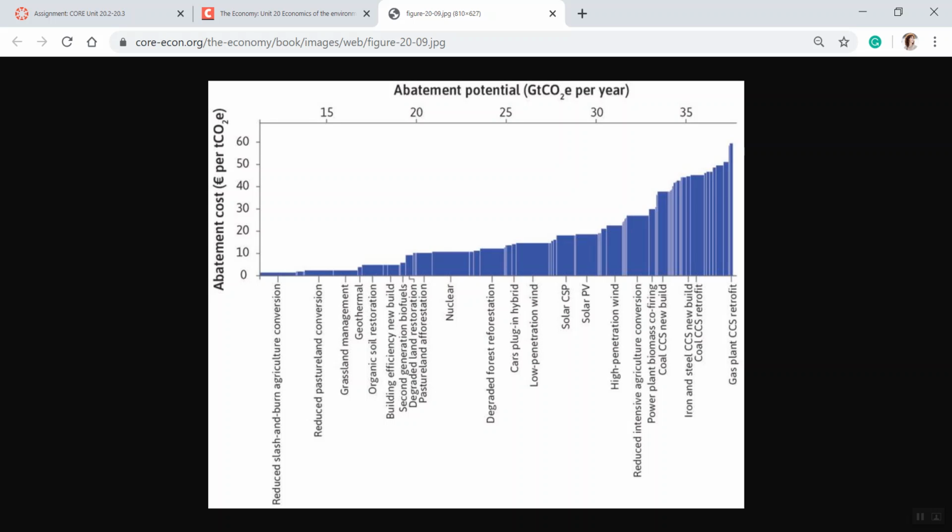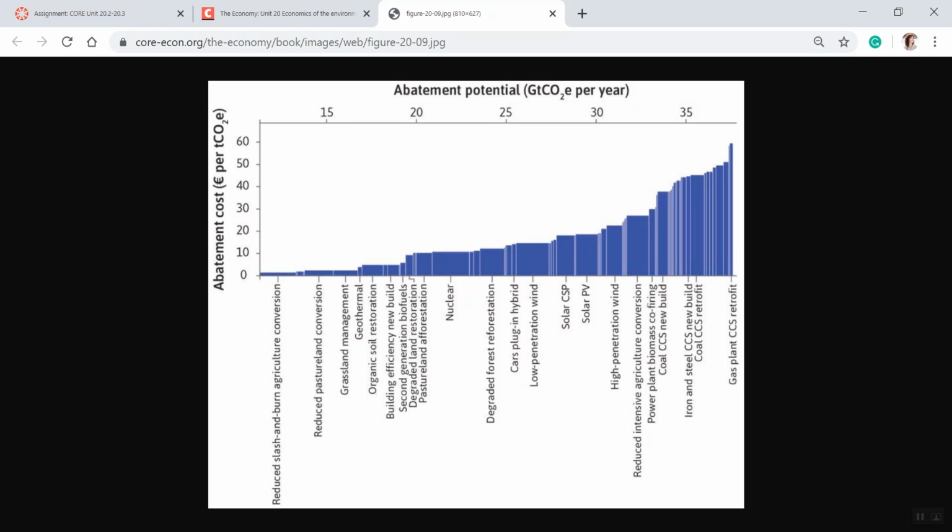Some of the other ones that are really thick, right? Here we have pasture land afforestation. Okay, so what that means is turning pasture land into forests, returning it back to being a forest. Okay, degraded land restoration, second generation biofuels, building efficiency, grassland management.